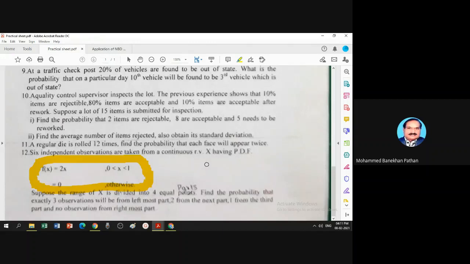So I divide my random variable x in 4 and then I draw 6 observations. The observations which I draw have some chance to come from the first part, second part, third part, and fourth part. And that's why the question becomes a multinomial distribution.